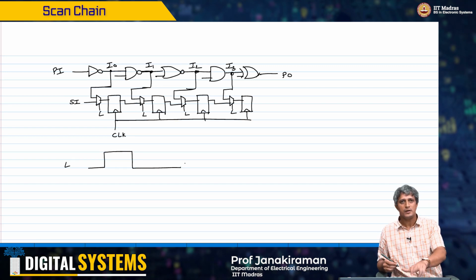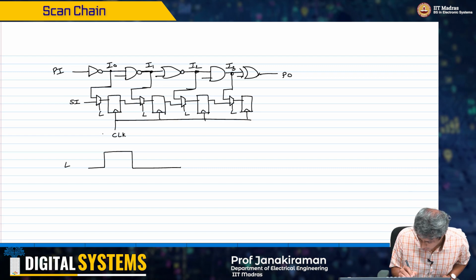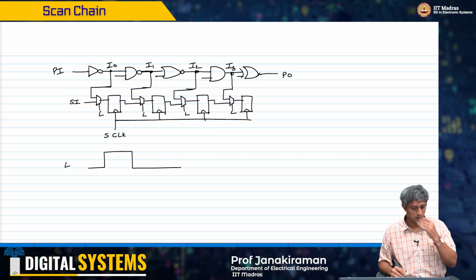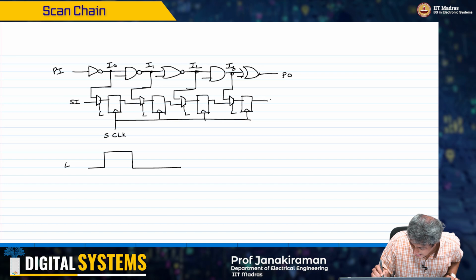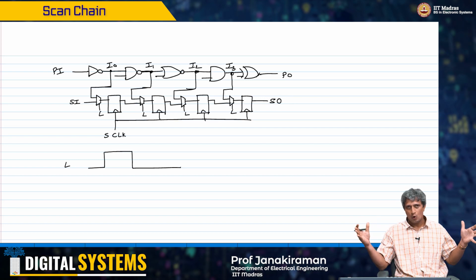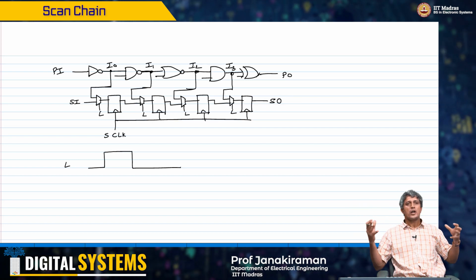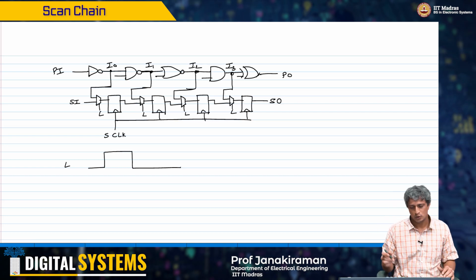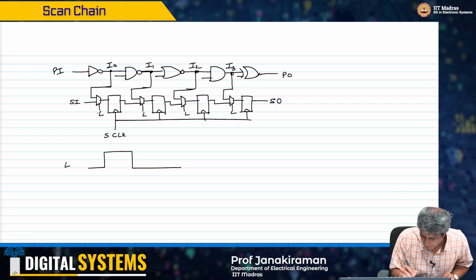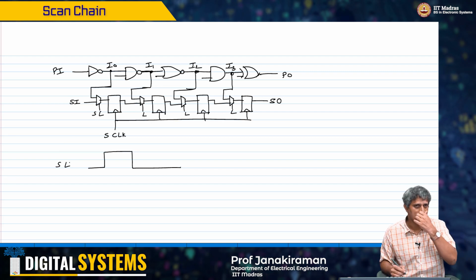This clock by default will not be activated. I will also call this the S clock. This is scan in, scan out. So SI and SO are the input and output of this chain. S clock is basically this scan clock, and let me call the load SL, scan load.